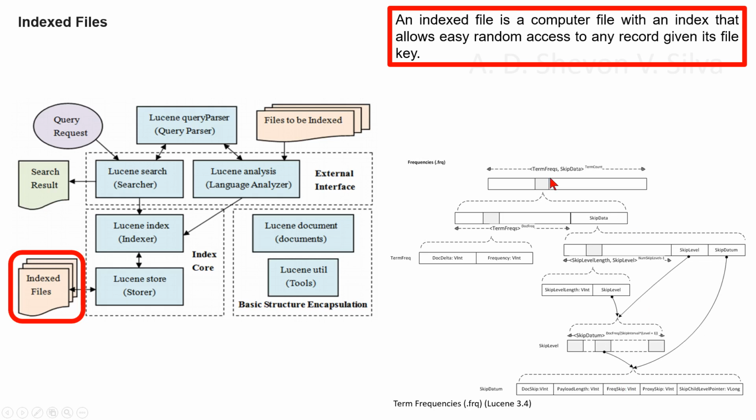Now here you can see term frequencies, the .frq file, in Lucene 3.4. The .frq file contains the list of documents which contain each term, along with the frequency of the term in that document.